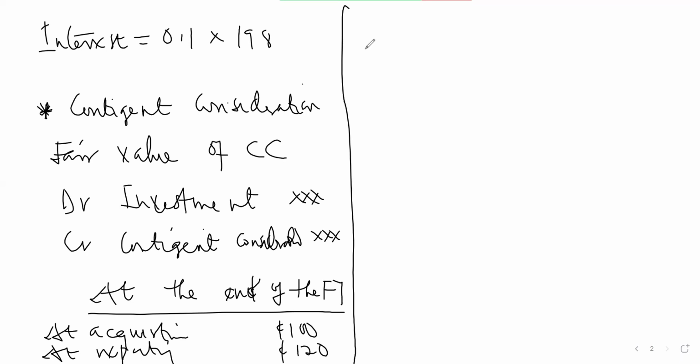There has been an increase. Okay, so there has been an increase. It means that this particular increase, how do we treat the increase? We know that we are going to be crediting the contingent consideration because it's a liability. We are going to increase it. But what will be the corresponding entry for that increase?